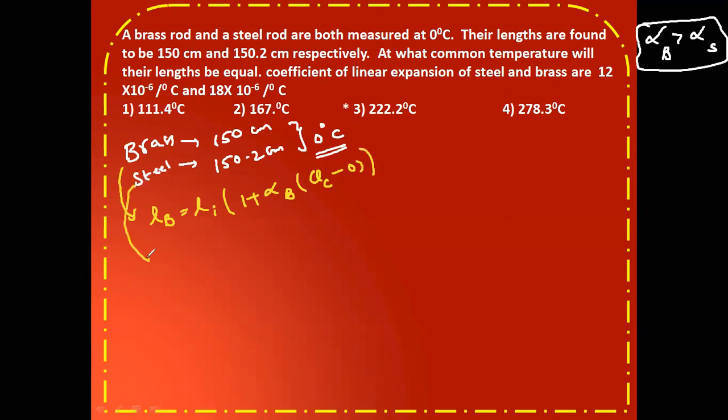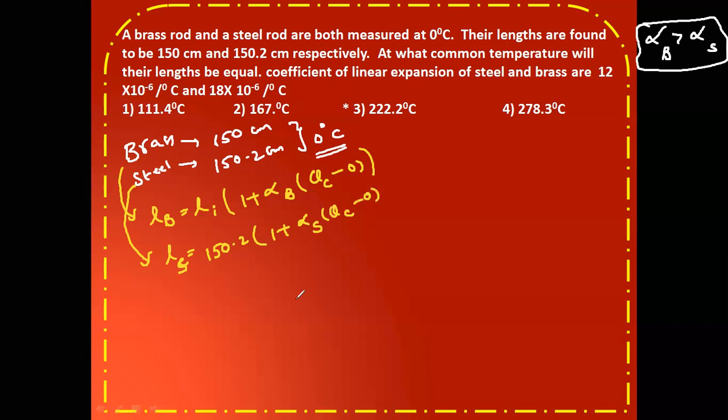Similarly, for the steel also, LS is equal to L initial value, which is 150.2, into 1 plus alpha of steel into theta c minus 0.